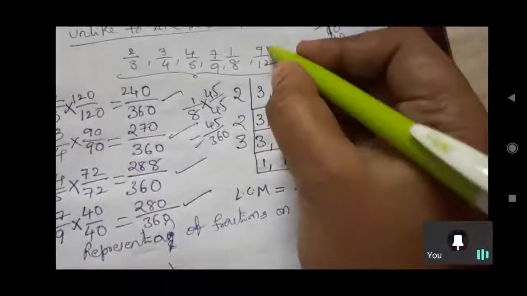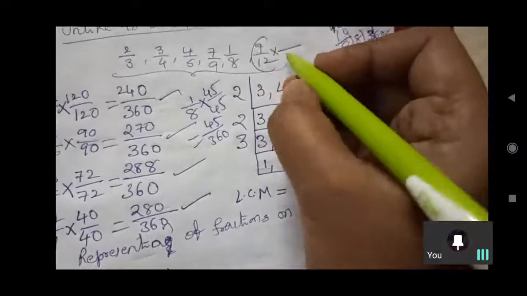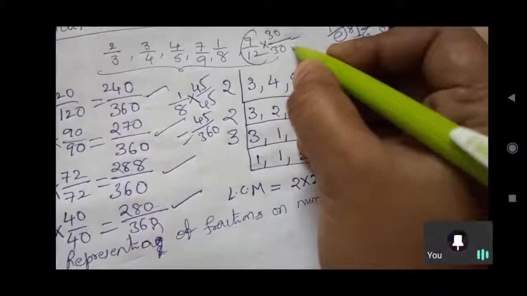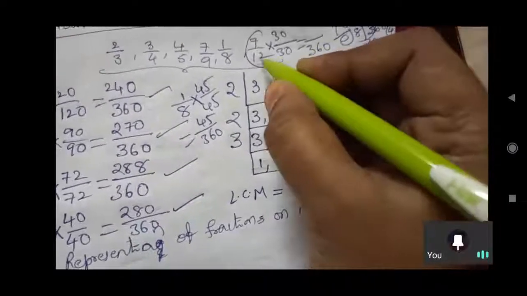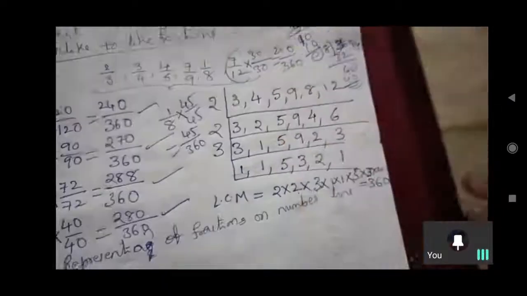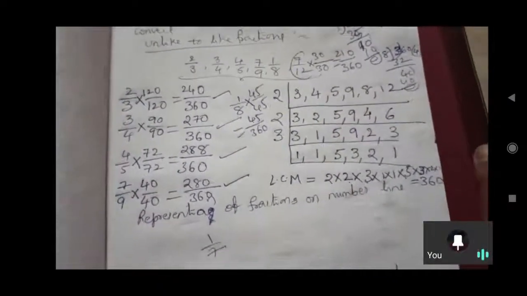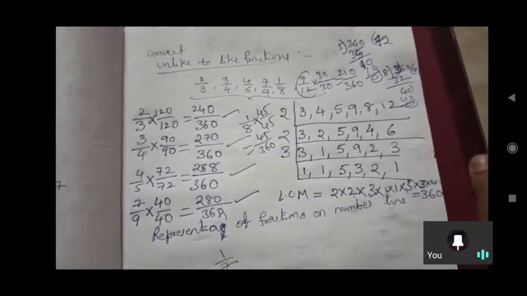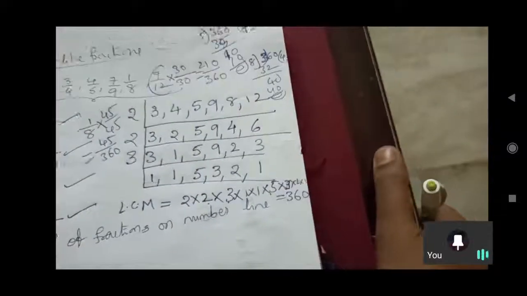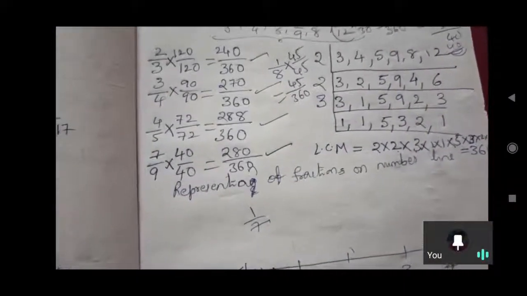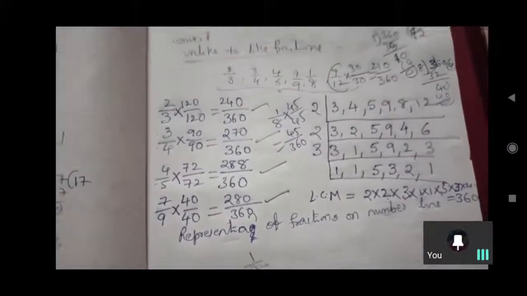Like that only, 7 by 2 with how much? 30 by 30 we should do, because in the denominator we need to get 360. 12 threes are 36, 0, and 7, 210 by 360. So like that we can make this set of numbers like fractions by taking the LCM of the denominators. So we need to make all the denominators 360, then we will get the like fractions.